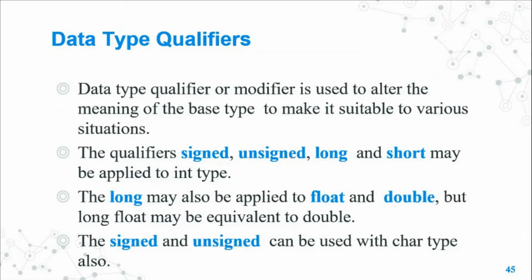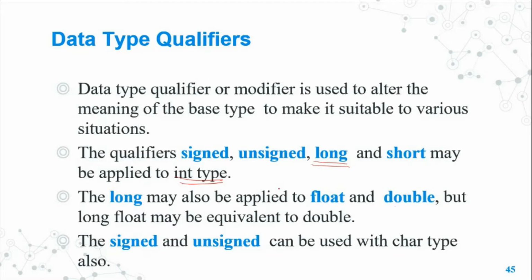So all these four terms, signed, unsigned, long, and short, can be assigned to integer type. So an integer can be signed integer, unsigned integer, long integer, or short integer. The term long can be applied to float and double.